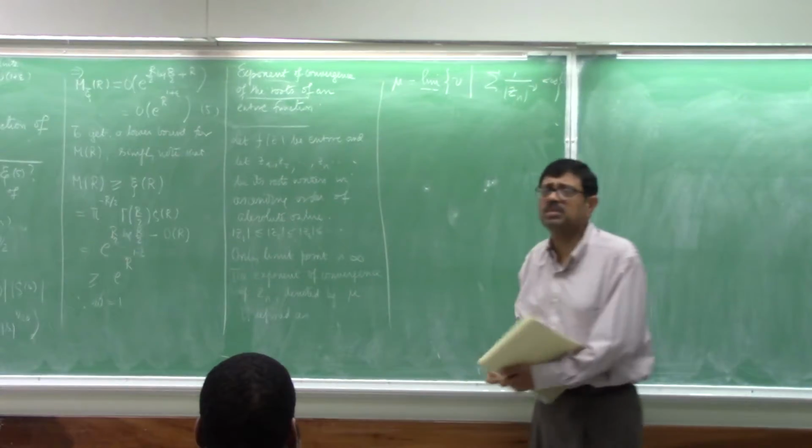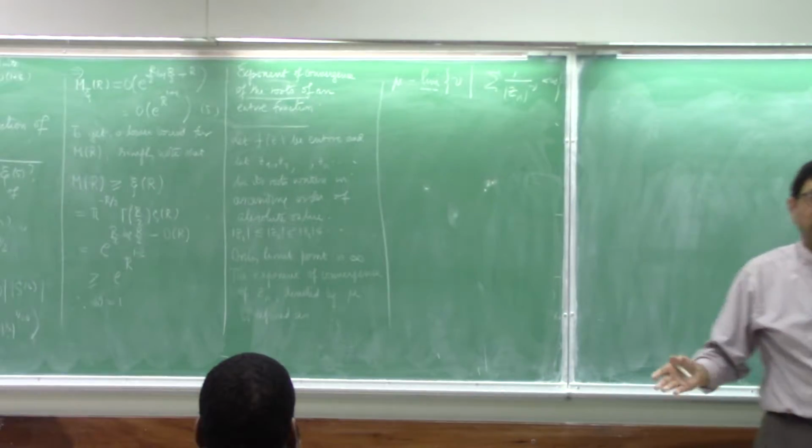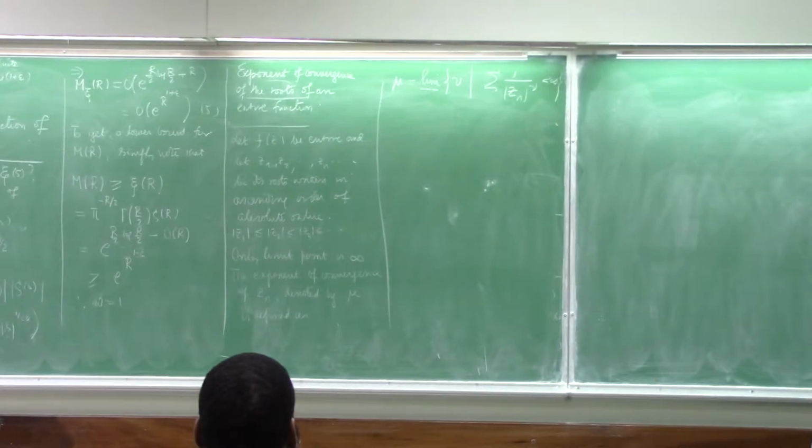So take all possible exponents for which the sum of the reciprocals will converge, and take the inf of all that, and that is called the exponent of convergence of these roots.